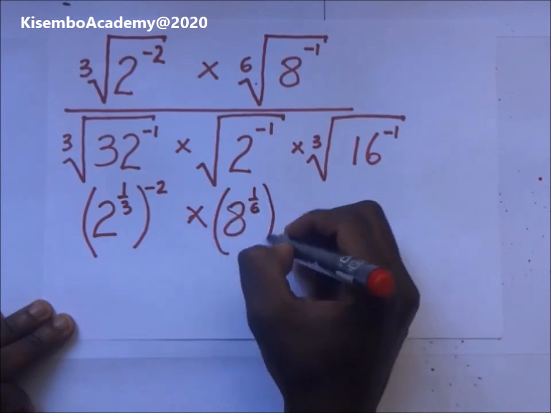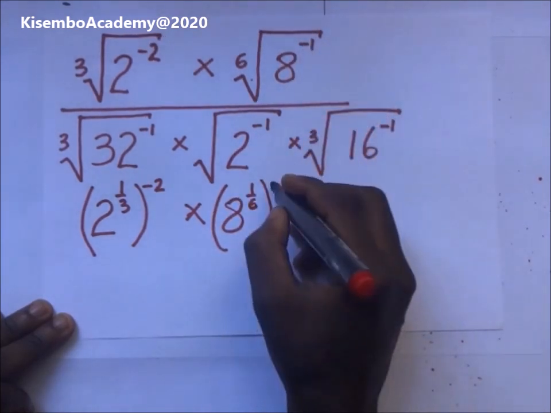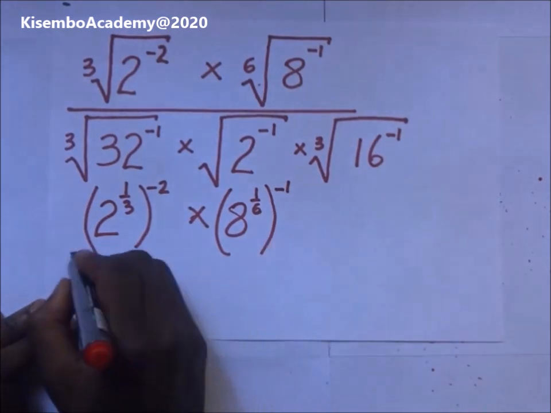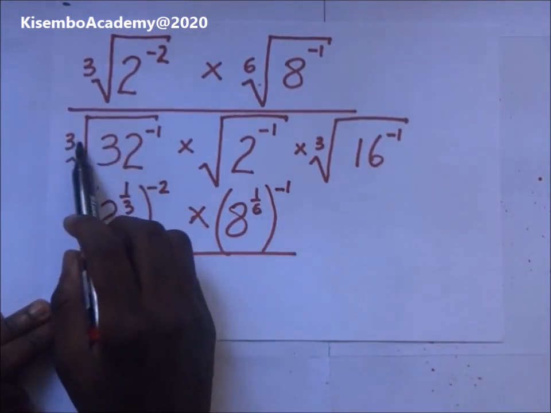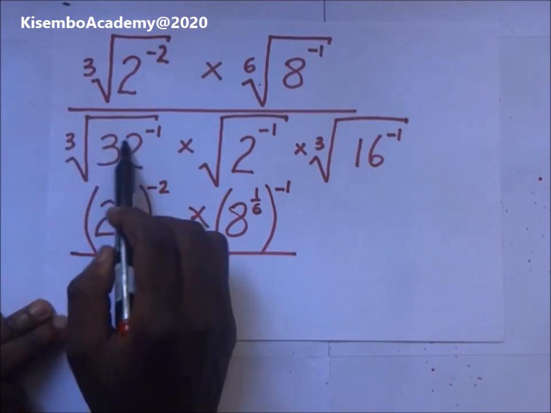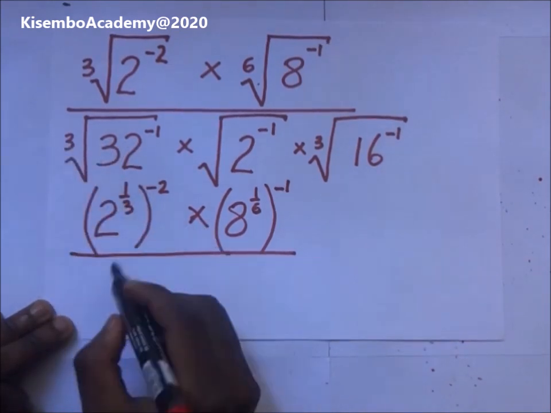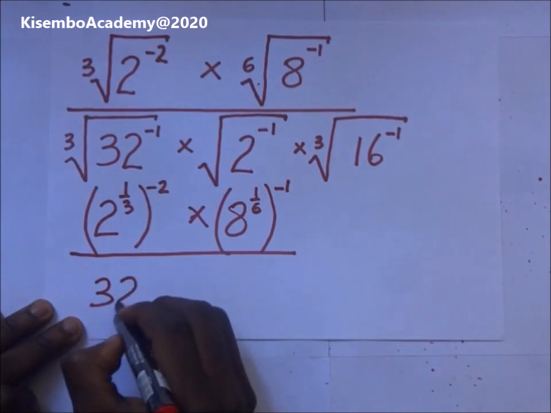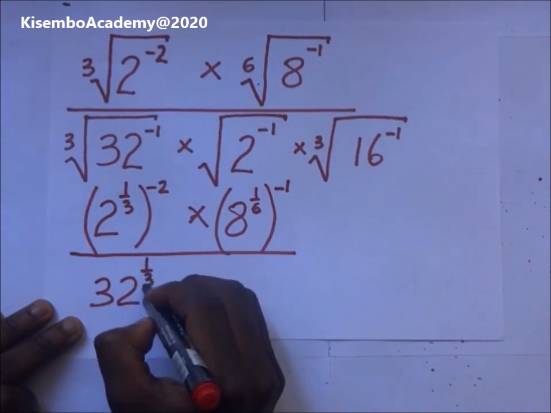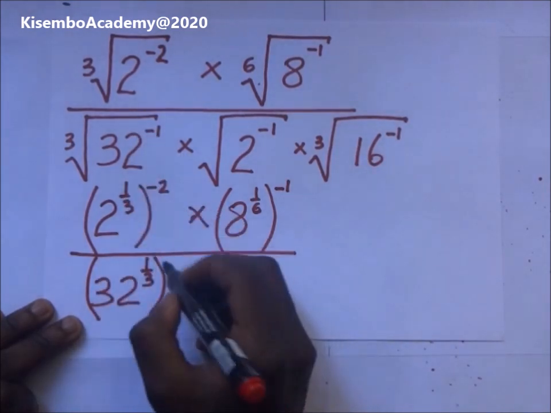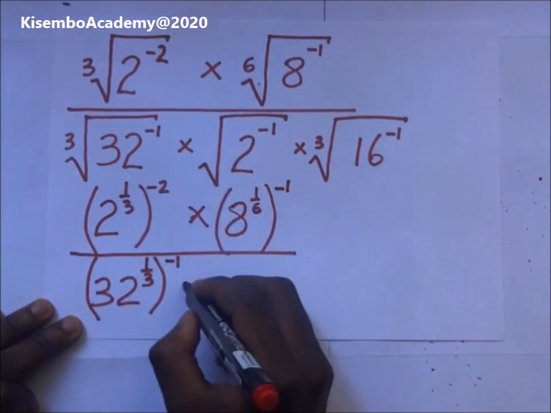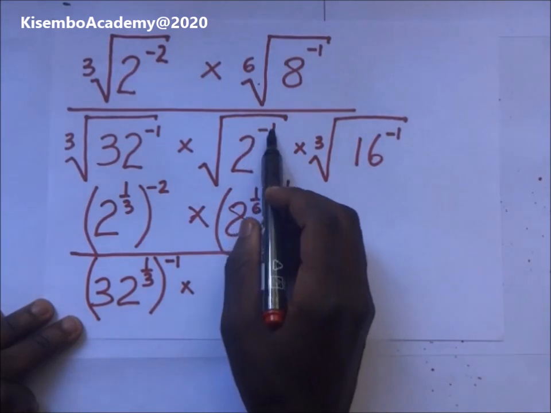And this whole thing is multiplied by negative 1 times negative 1. All this is divided by the third root of 32. Now, the third root of 32 means it's 32 to the power 1 over 3. And that is multiplied by the negative 1. Multiply that by 2 to the power negative 1.